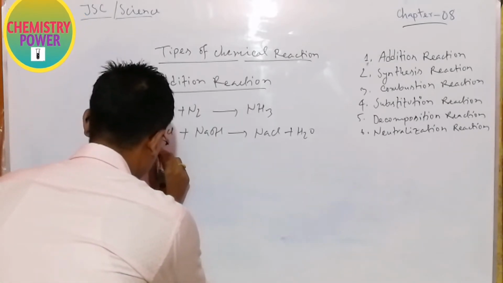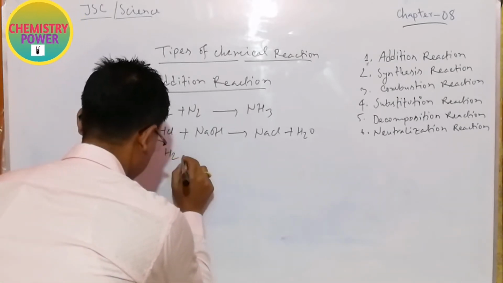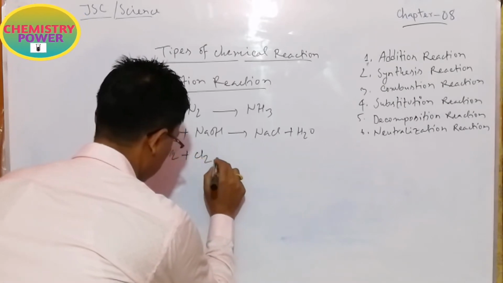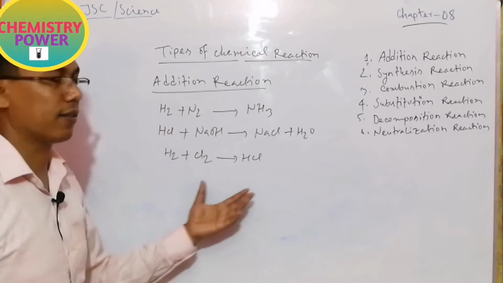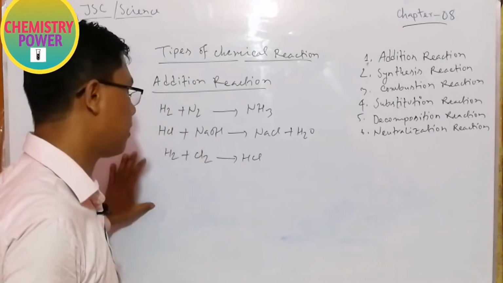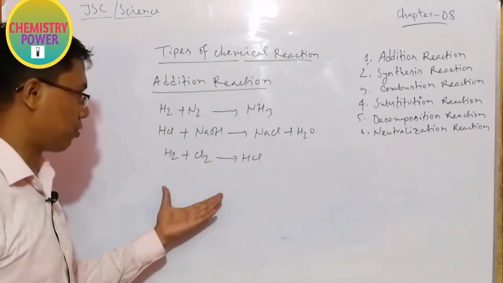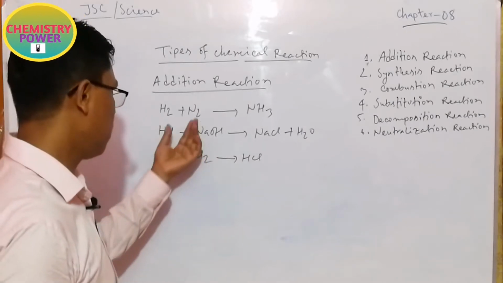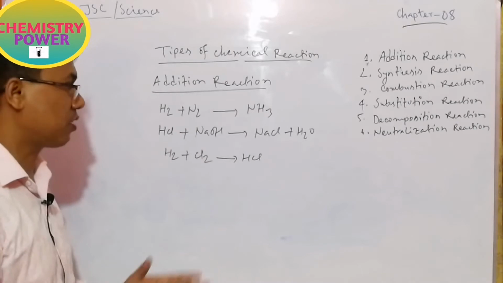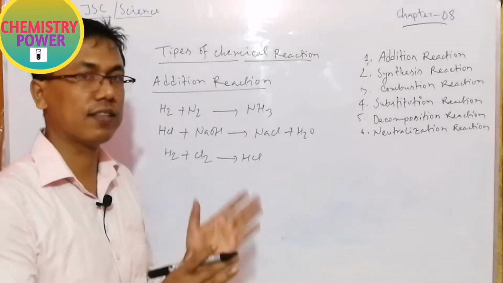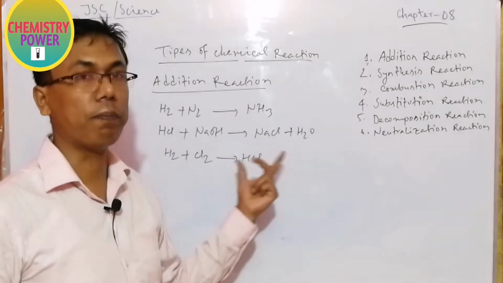Another example, hydrogen plus chlorine then produce HCl. All of these are addition reactions because more than one compound or element react with each other and then produce a new compound.